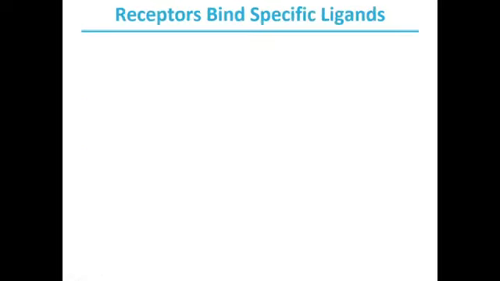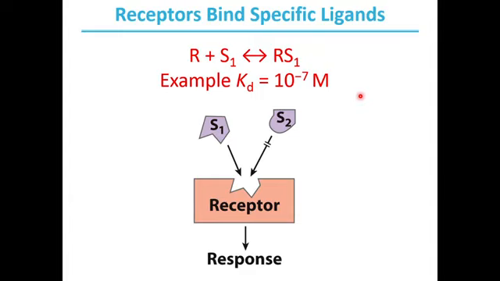Before we look at some examples of these signal transducing systems, it is important to understand that the affinity between a signal and a receptor is often expressed as the dissociation constant, or Kd.